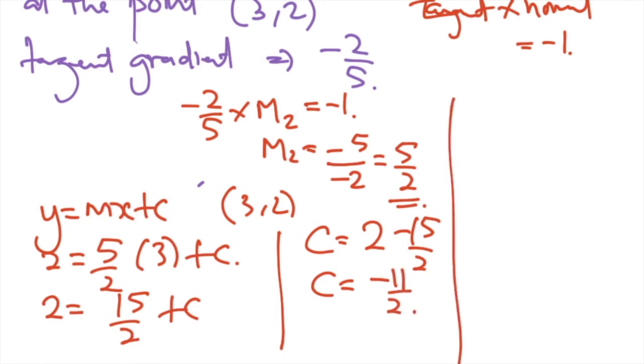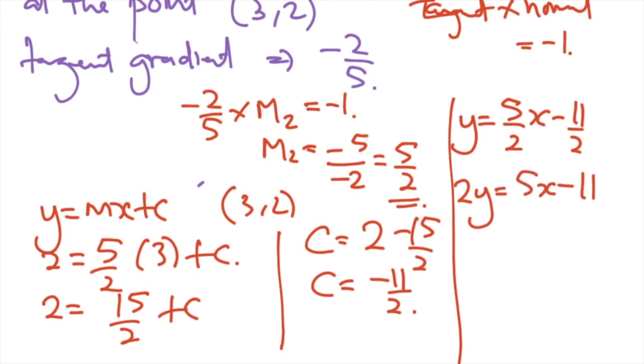From here we can find the equation of the normal to the curve, which is y equals 5 over 2 x minus 11 over 2. And if you want to write it in the form ay equals bx plus c, I can do that. So 2y equals 5x minus 11.